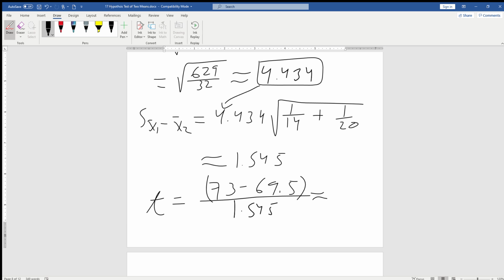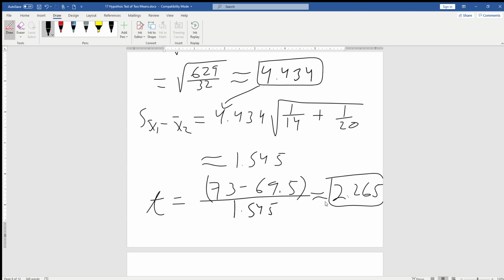Again, just like any test value, make sure you put the difference in parentheses. And we end up with 2.265. That's our test value.